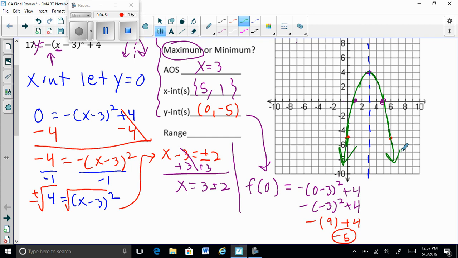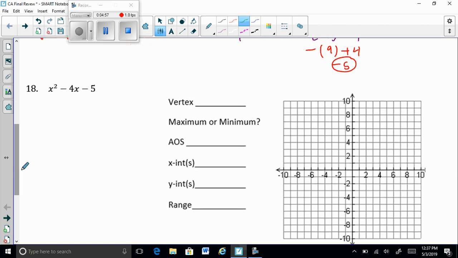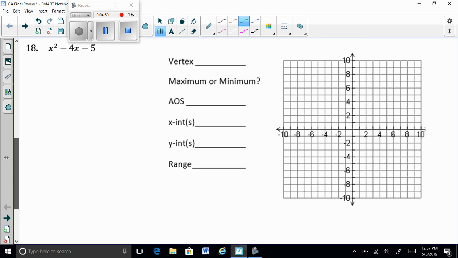Okay, so I have one more of these, but it's going to be in a different format. And once again, I forgot the y equals part, but we'll go ahead and put that on there. So y equals, okay, now we're looking at not just an expression, but an equation we can graph.